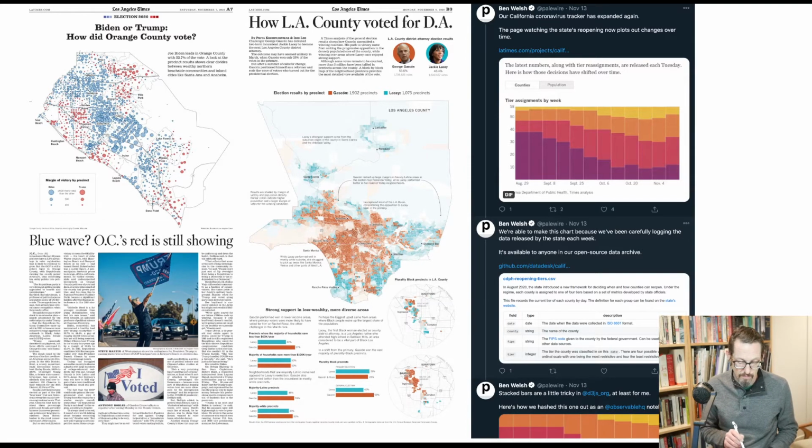So this is, like the tiers that we've been in. So the purple tier, the red tier, the orange tier with each county.